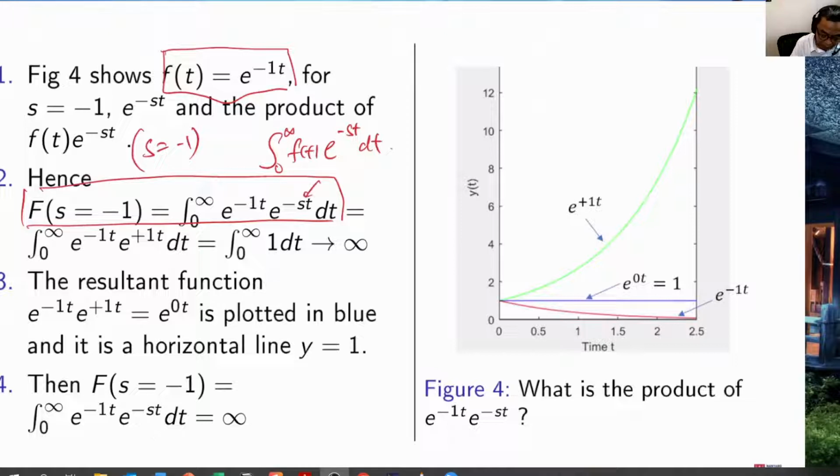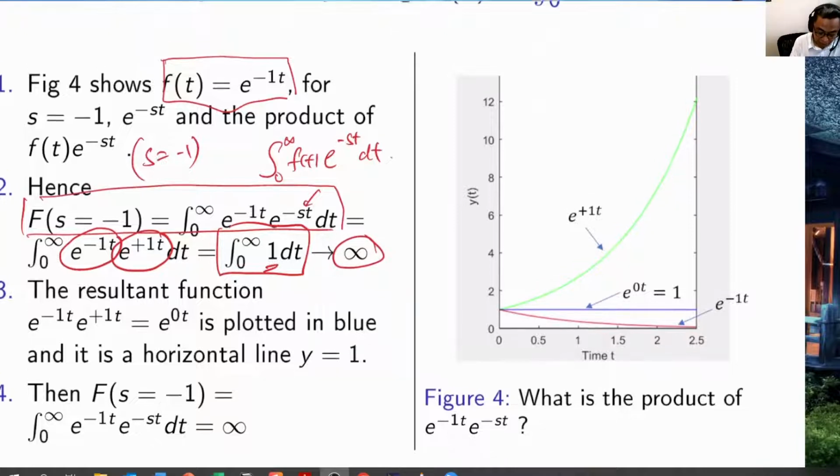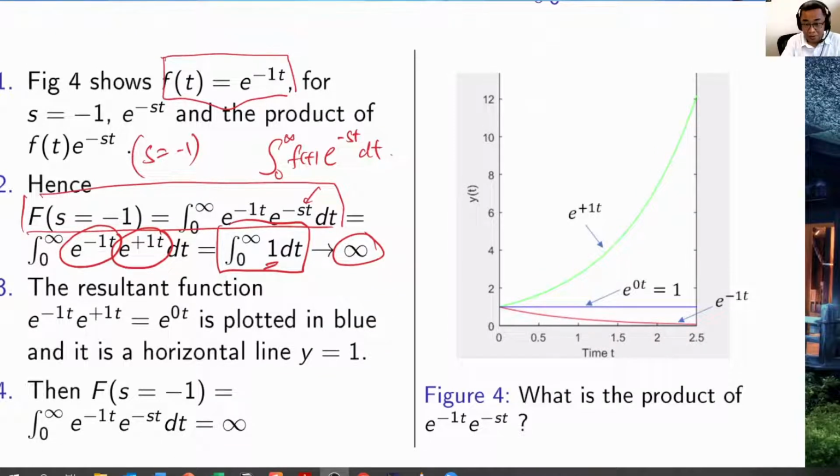So when s is equal to minus 1, basically we have e to the plus 1t. What about f(t)? f(t) is e to the minus 1t. Together, e to the minus 1t multiplied by e to the plus 1t, we get 1. So this equation becomes the integral from 0 to infinity of 1. Therefore, of course, this is infinity. So this is another way to look at why this is equal to infinity.